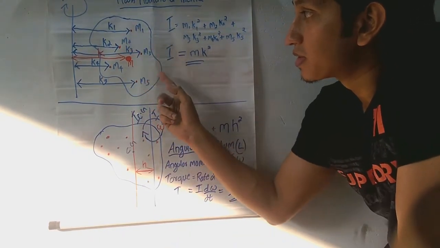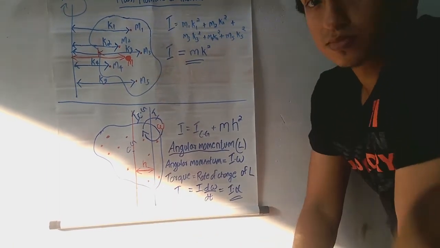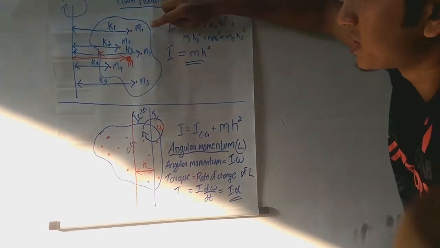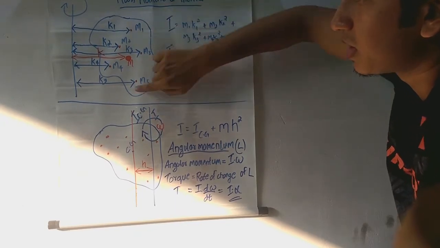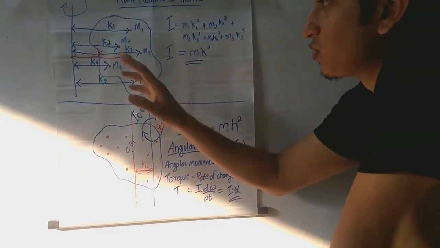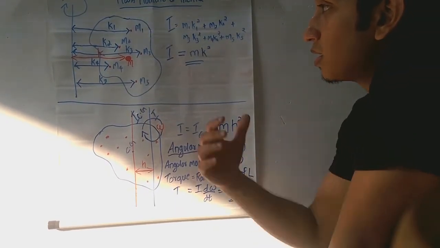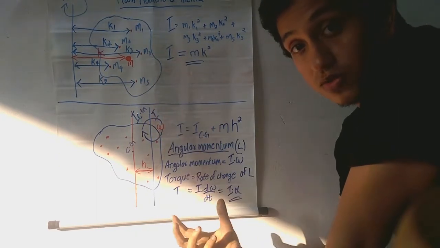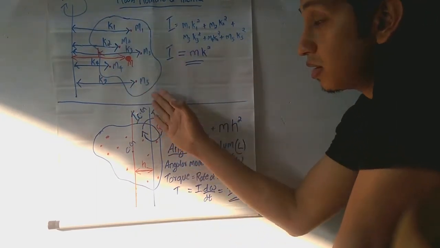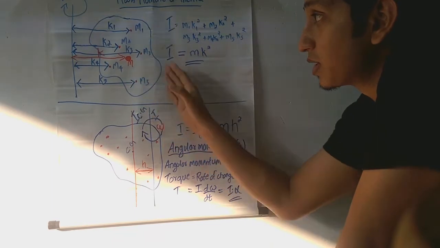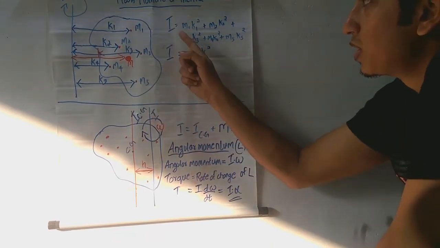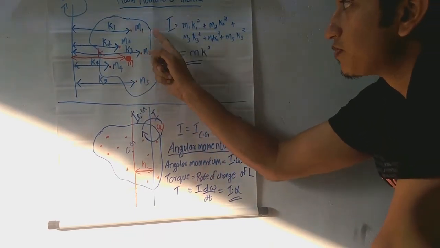These are our point masses. I have mentioned M1, M2, M3, M4, M5. So, in order to find the mass moment of inertia of this body, in this random shape, we need to add.